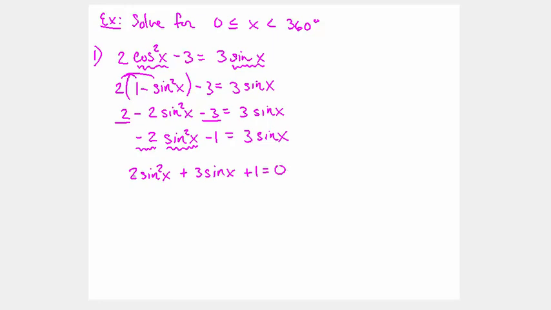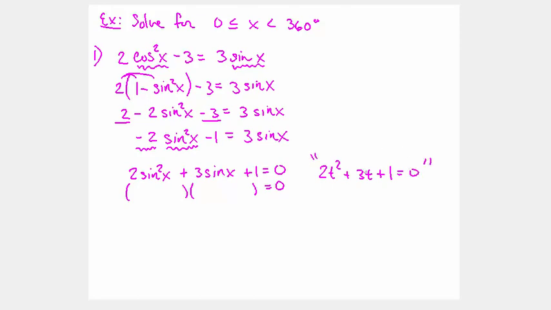Now I could just factor this. It's in the quadratic factorable form. If factoring feels a little rusty to you, again, I might recommend writing this out in the simpler algebraic form of 2t squared plus 3t plus 1 equals 0. That's really the simpler algebraic form we're working with.